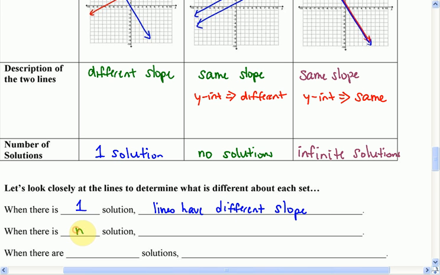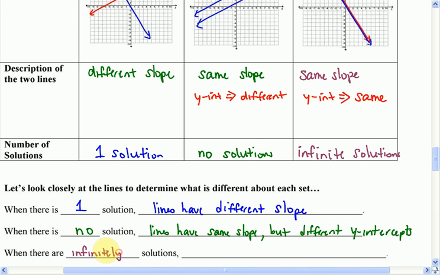When there are no solutions, the lines have the same slope but different y-intercepts. And when there are infinitely many solutions, they have the same slope and the same y-intercept.